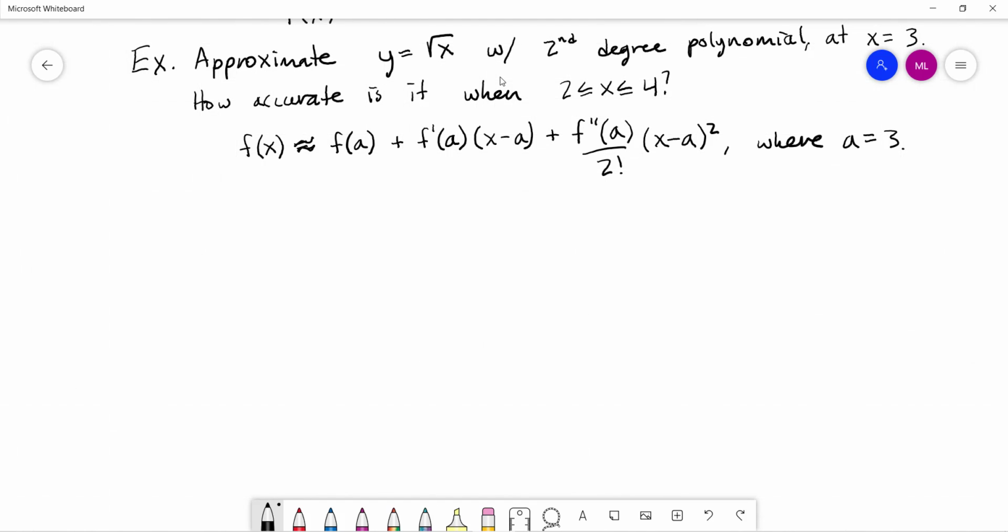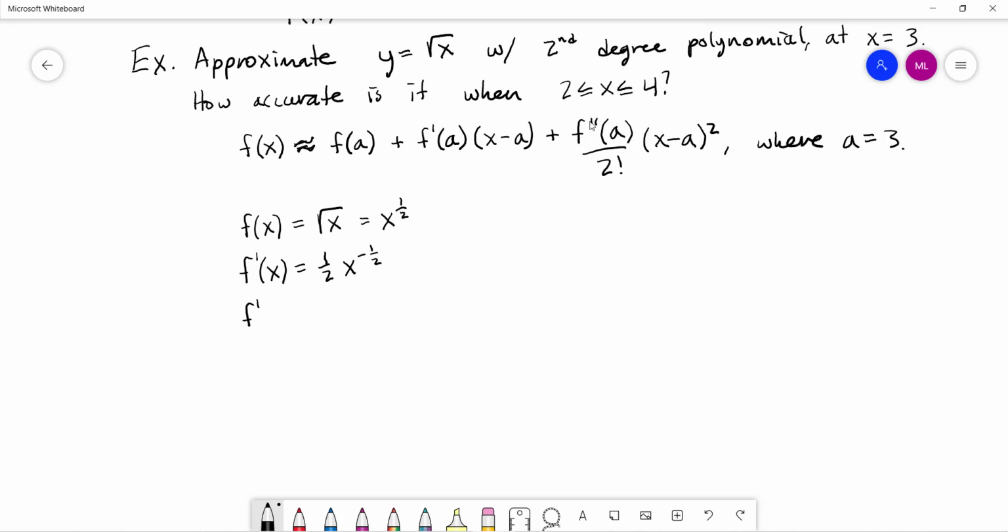Okay, so for us, notice I'm going to need f, f prime, and f double prime. So let's look at all of those. We already have f of x. It's the square root of x. What is f prime of x? Well, what's the derivative of the square root of x, or alternatively x to the 1/2? It's going to be 1/2 x to the negative 1/2.